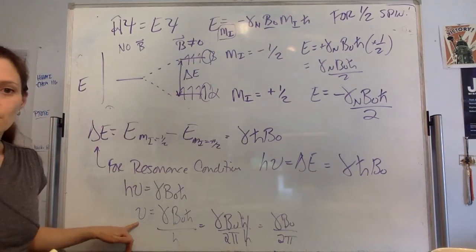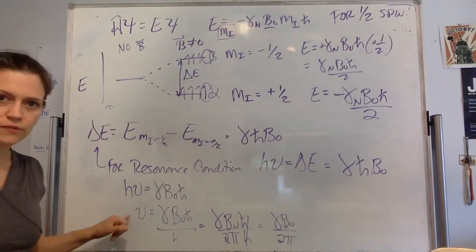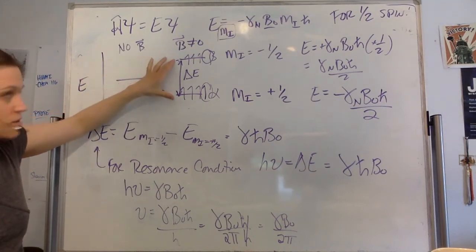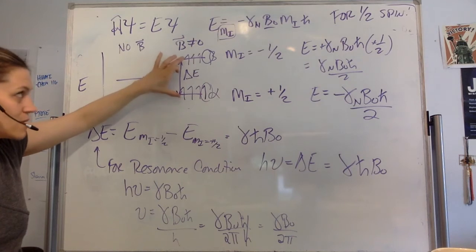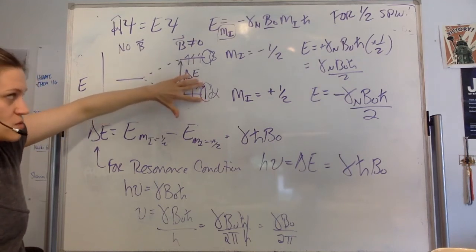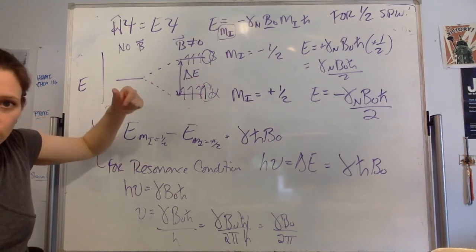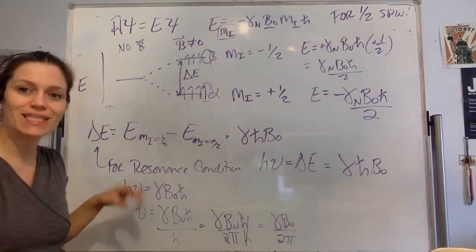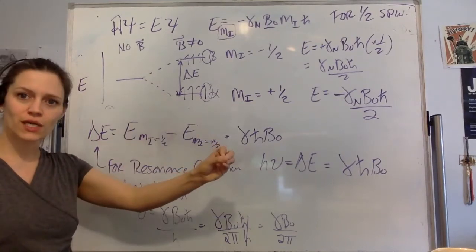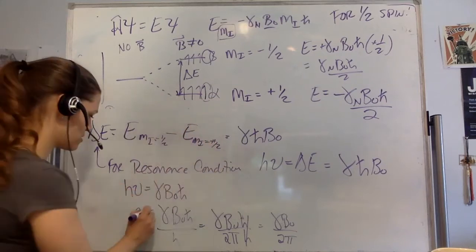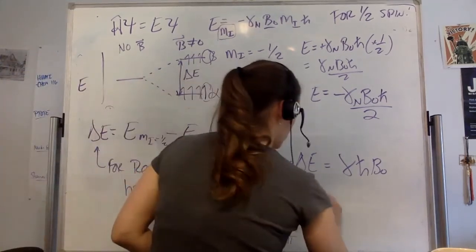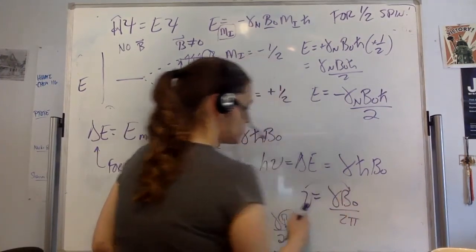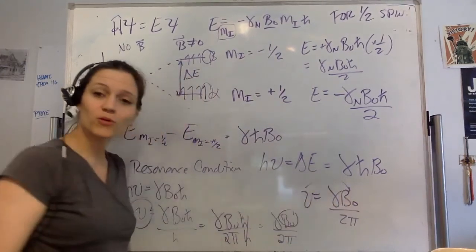This frequency here is the frequency of an incident photon that comes in that will then be in resonance with the split spin states and will cause this spin state to change its orientation. This is a very specific type of frequency. It's tuned to certain nuclei in certain magnetic fields. But notice, the frequency is directly proportional to the magnetic field.